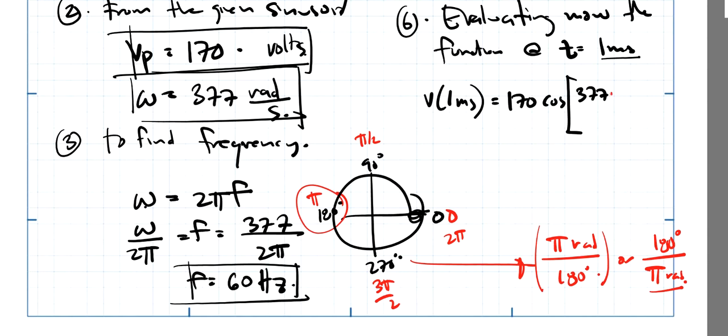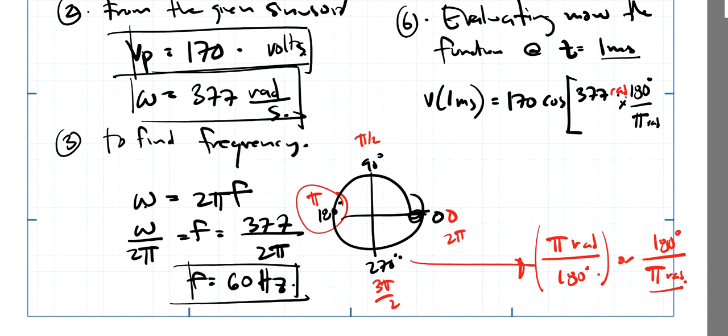Okay, so this one is in radians. I write it in this form so that I just flip it so that I can cancel out the units that I will not be needing. So 377 radians per second times 180 degrees all over pi radians.